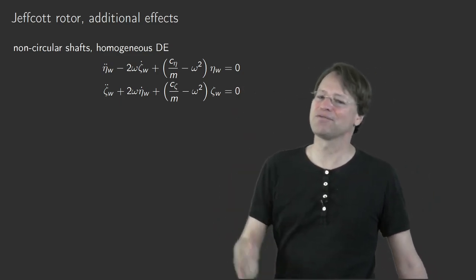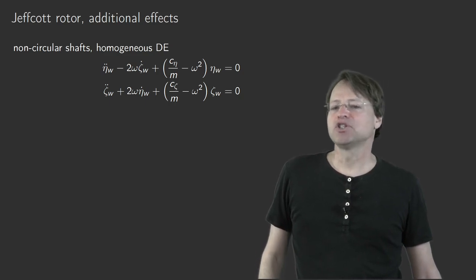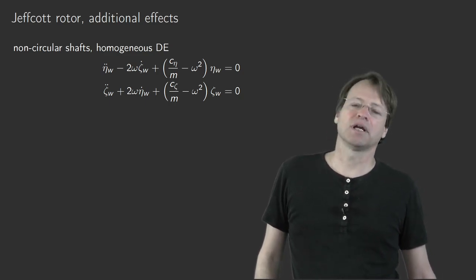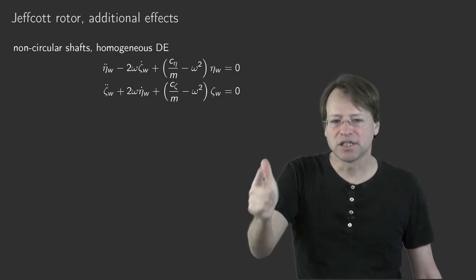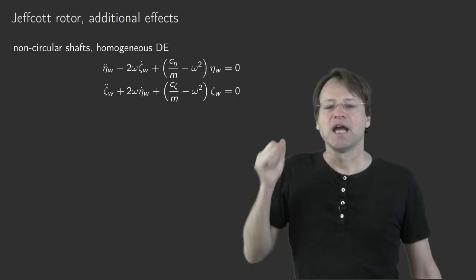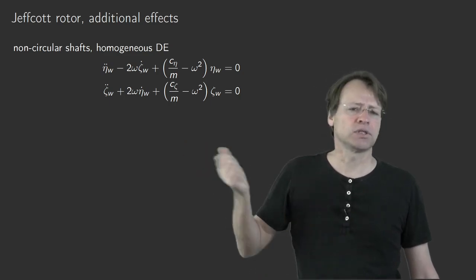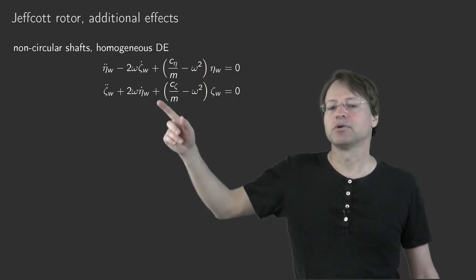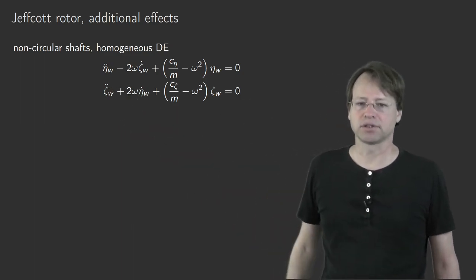You should be alerted if you see this equation. It's a so-called MGK system. What's an MGK system? M stands for the mass matrix, G stands for the gyroscopic matrix, and K stands for the stiffness matrix. The mass matrix is quite simple here. It's just a diagonal matrix with a 1 on the diagonal.